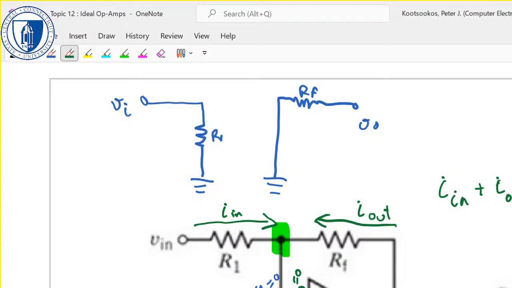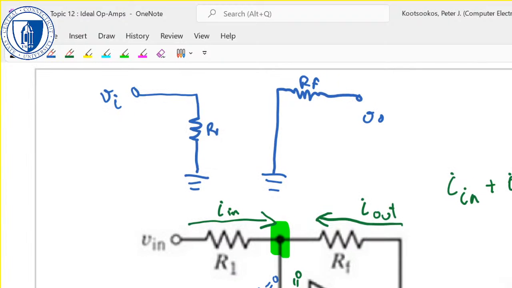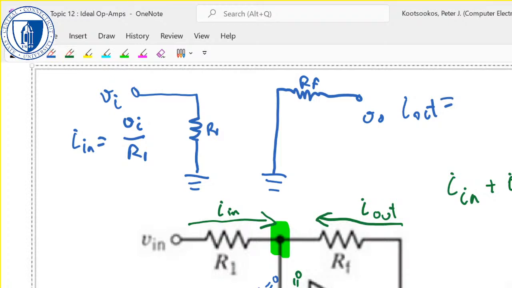Okay, so let's try and figure out on this side. So I in equals VI on R1. And on this side, I out equals V out on RF.